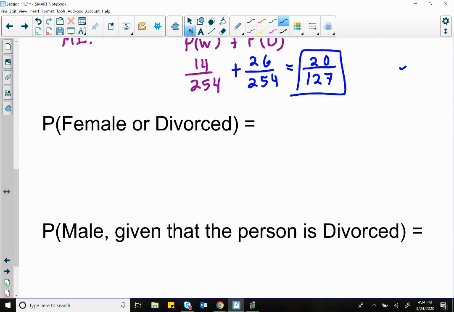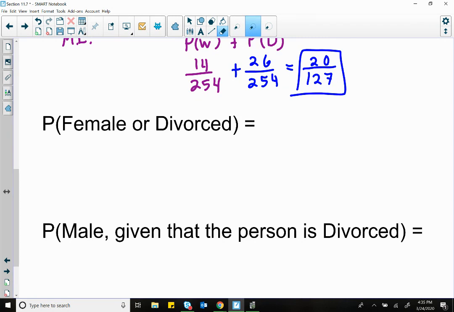Okay. Now the next one, if you think about this, are these two mutually exclusive, being female or being divorced? These are not mutually exclusive. You can be female and divorced at the same time.